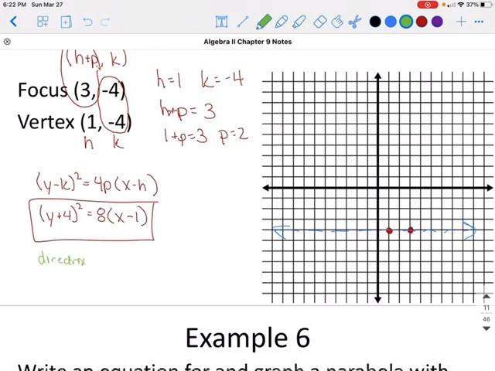Our directrix, because it's y minus k squared, we do know to be x is equal to h minus p, or h minus p will give us a negative 1. So we will start at our vertex, go towards our focus, away from our directrix, and be symmetric about our axis of symmetry.